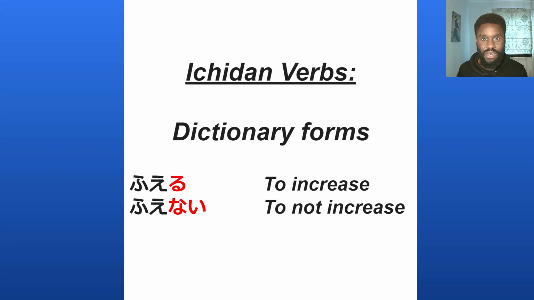For the dictionary positive form, we use the third row of the Ichidan verb, which is fueru. And for the dictionary negative form, we use, for argument's sake, the first row and we add nai, which is fuenai, to make the dictionary negative form.